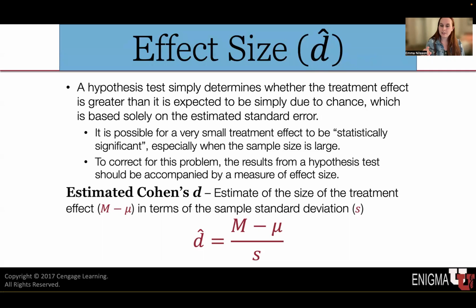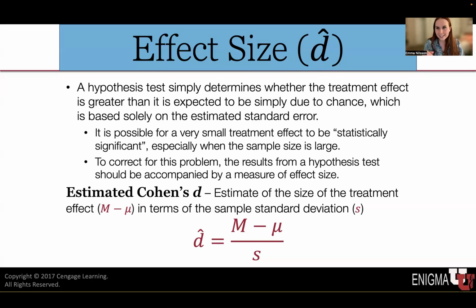And before we get into how to calculate this, let's do a brief recap of why it is important for us to report effect size when we are doing hypothesis testing. So hypothesis tests, remember, simply determine whether or not a treatment effect is greater than expected simply due to chance, which, especially when we do a t-test, is based solely on our estimated standard error.